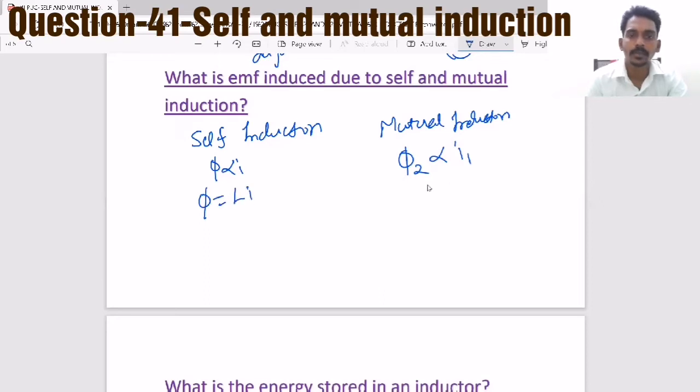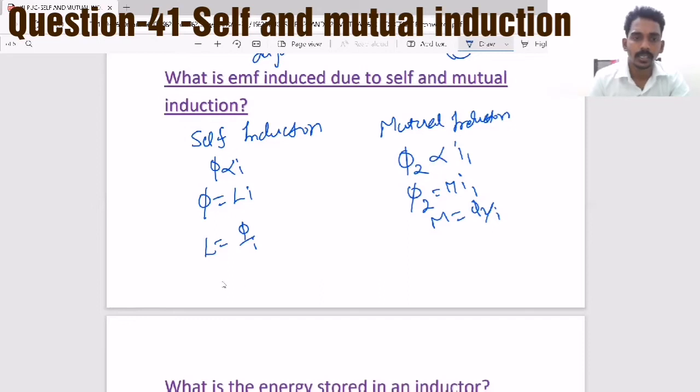Here the proportionality constant is L, and here the proportionality constant is M. L is called self-inductance and M is called mutual inductance. The EMF induced in a coil is minus L di by dt, and here minus M di by dt.